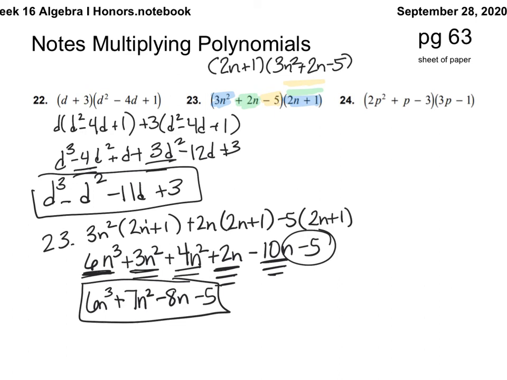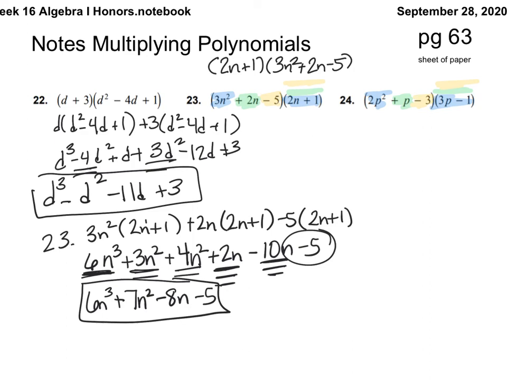I'll do the same thing for the next one. I'm going to distribute 2p squared to 3p minus 1, I should say. I'm going to distribute p to 3p minus 1 and negative 3 to 3p minus 1. So you do not have to switch the order to do those. And actually, I don't mind the trinomial being first, because if you noticed, all the like terms were grouped together if the trinomial is first.